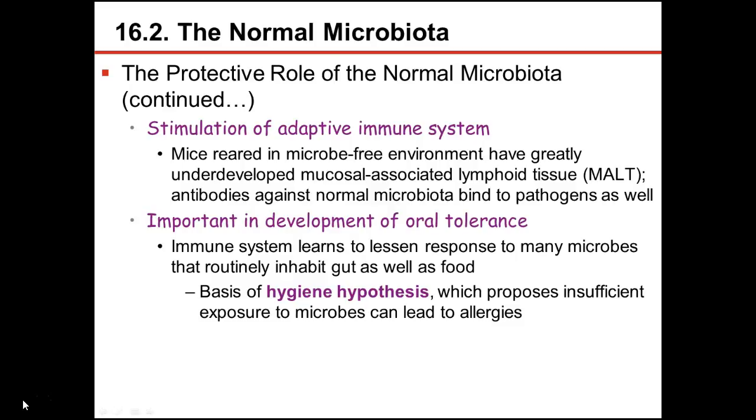And so mice that are reared in those levels have very underdeveloped MALT. Remember, this is part of the adaptive immune system, essentially places where we find the macrophages and dendritic cells, just kind of checking things out along the digestive tract. And if these mice have never known what a microbe looks like, when they actually do come in contact with microbes, they are not able to really do very much.